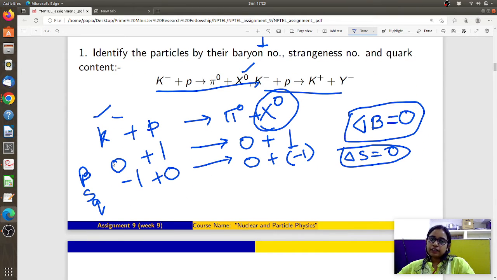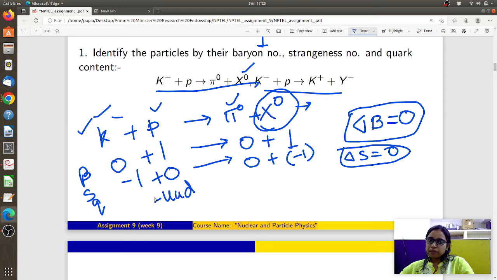So, quark content. For these, we have to see the quark content of K minus, p, pi 0. Then we can find the quark content of X0. Obviously the quark content of p is u u d.